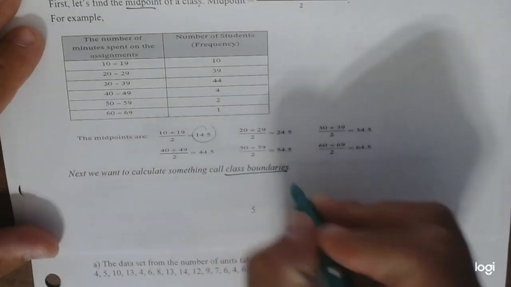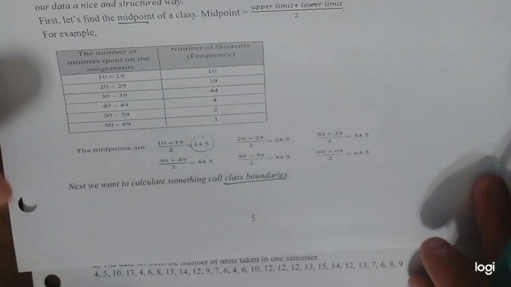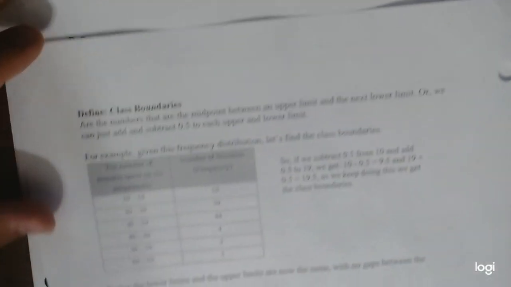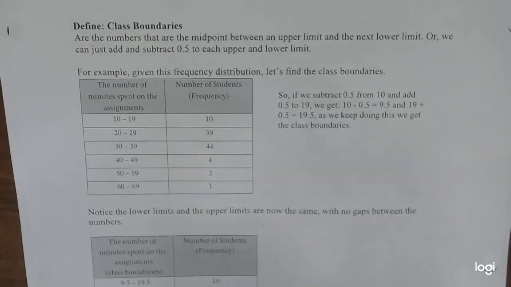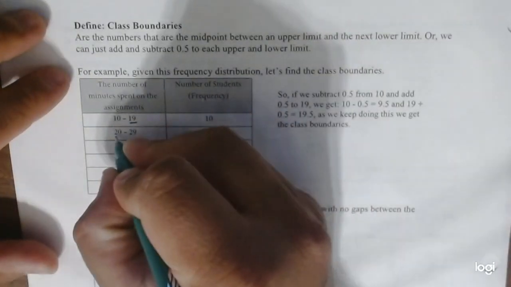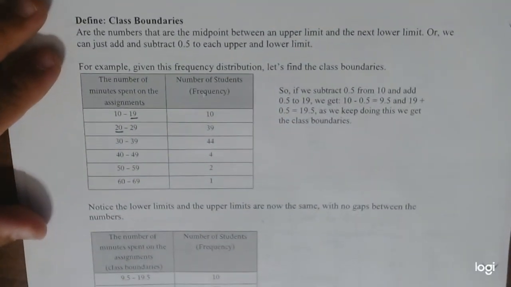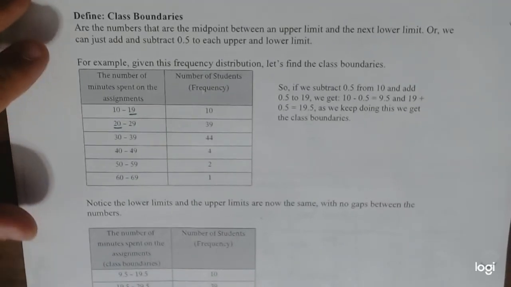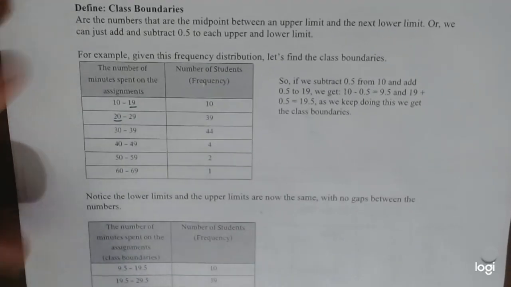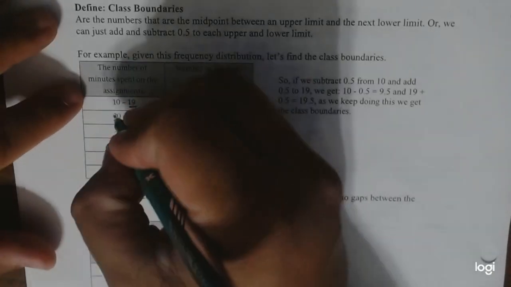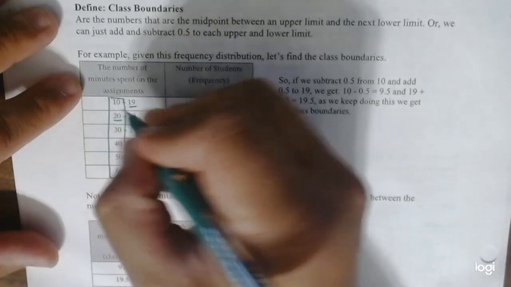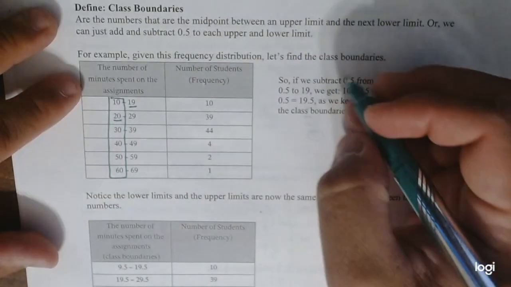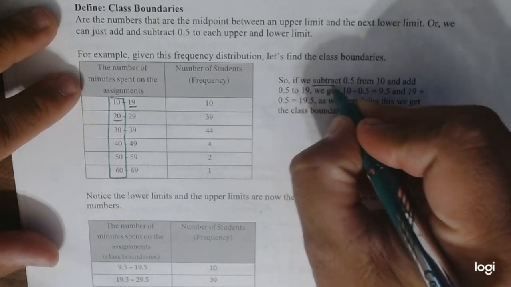Next thing, we have something called the class boundaries. Class boundaries are the numbers in between the upper and lower class limits. Essentially it's the number right between 19 and 20. The easiest way I can think of is, every lower class limit, no matter what frequency we're dealing with, all the lower classes, you are always going to subtract 0.5.